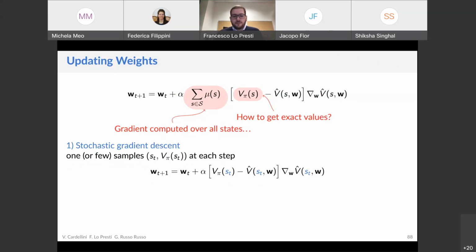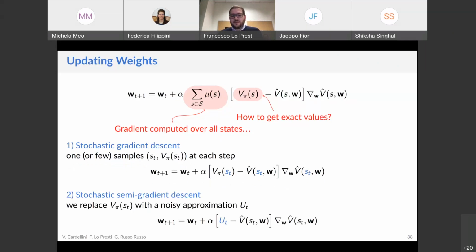So what we perform in practice is a semi-gradient descent, because we replace the true value function with some noisy approximation of it that I denote as U. And the different algorithms that we can use differ in how they compute this noisy approximation of the value function. But overall, we end up with a very simple update rule to compute the parameters W.